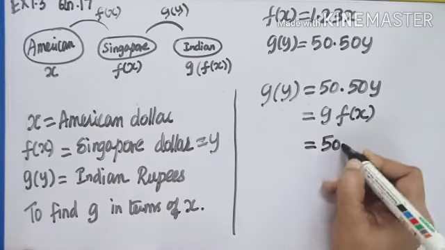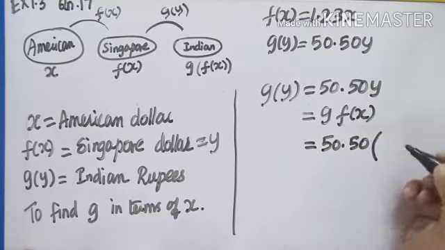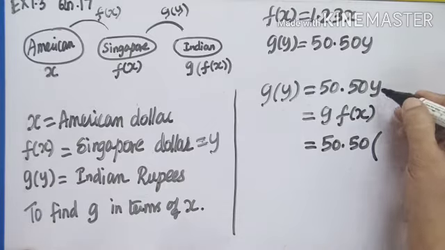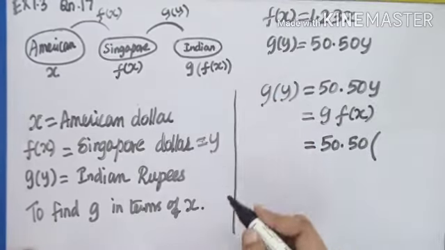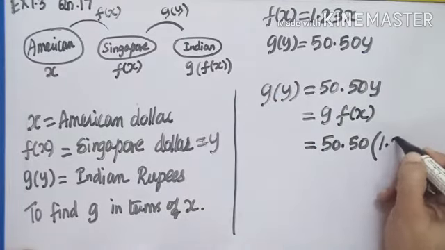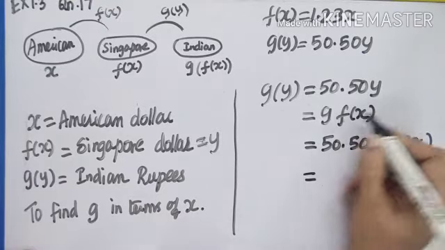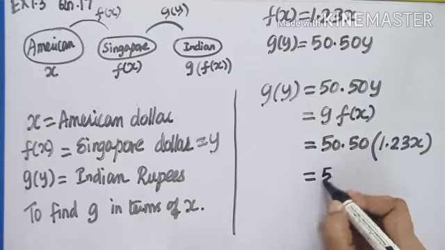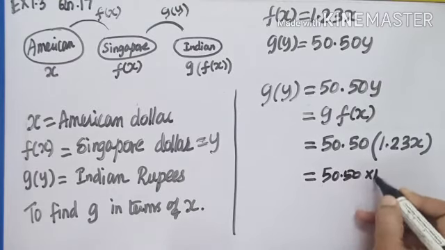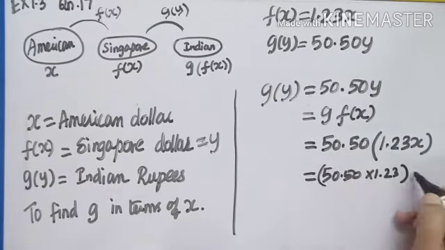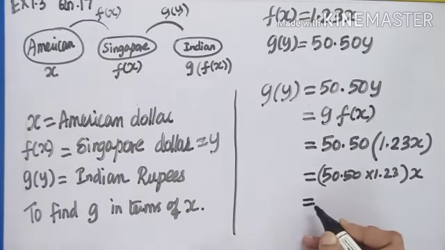So 50.50 times, instead of y, I must write f(x). What is f(x)? 1.23x. This is multiplied: 50.50 times 1.23 times x. Find out the answer.